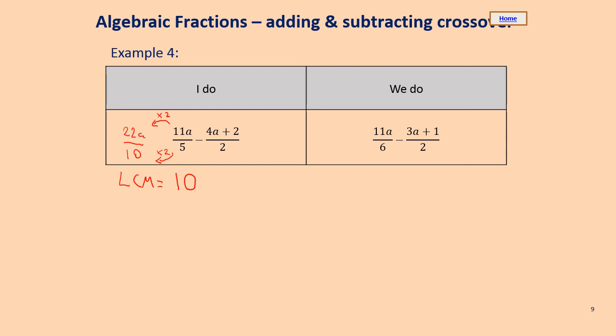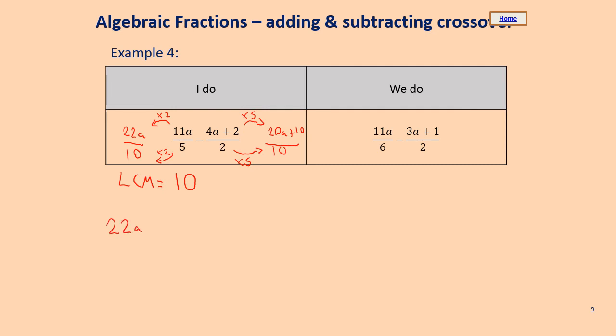And then for the second fraction, it's 4a plus 2 over 2. We need to convert it to something over 10. So we've timesed the bottom by 5, we need to also times the top by 5. So 4a plus 2 times 5 gives me 20a plus 10. Now they've got common denominators, we can subtract them.